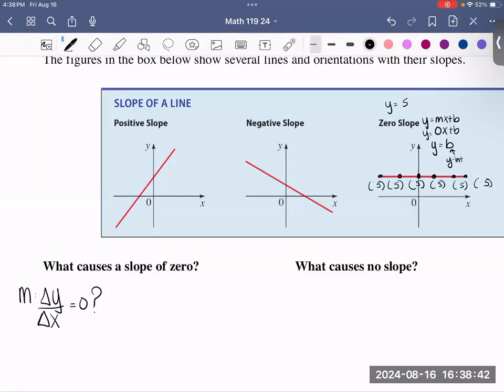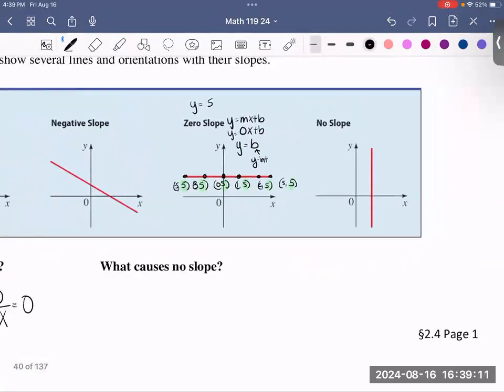Your x value is the one that's changing. Maybe it's negative 5, negative 3, 0, 1, 2, 5, who knows, right? But your y value is constant. It's not changing. Therefore, if there's no change, it's 0. So 0 over the change in x, which is happening, is going to be 0.